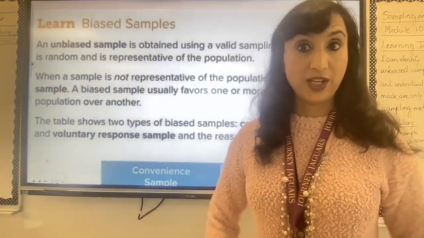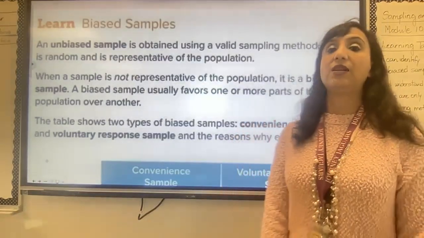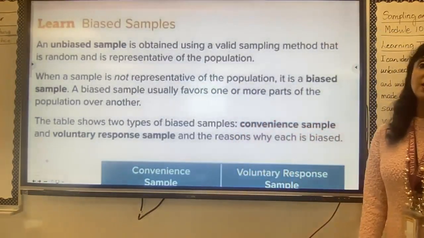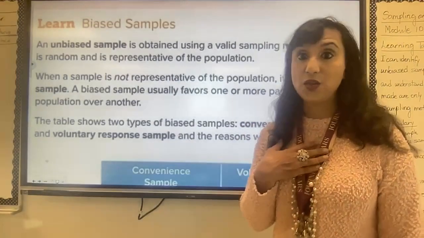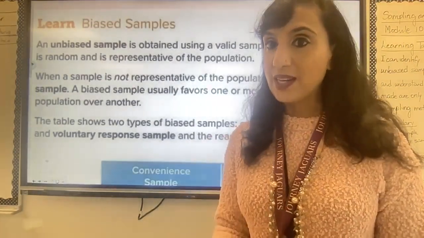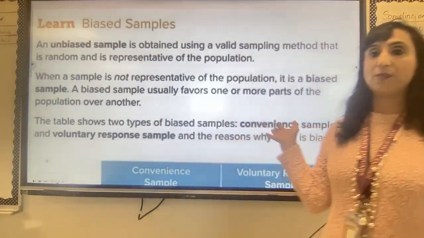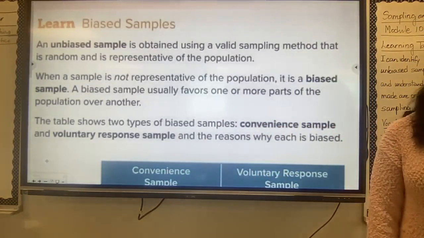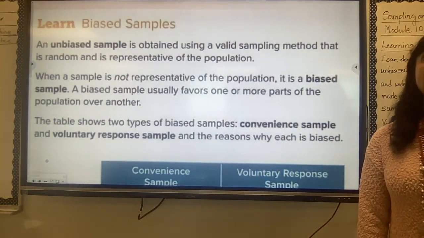When a sample is not representative of the population, it is a biased sample. Just like when we say we are biased towards something, that means we are favoring something. This is the same way that this principle works. A biased sample usually favors one or more parts of the population over another.